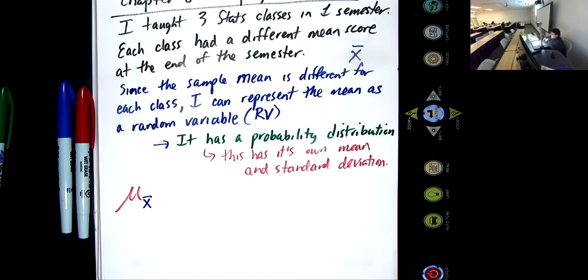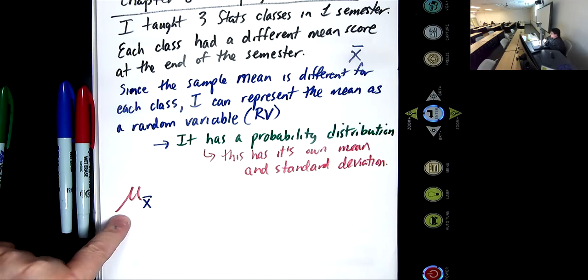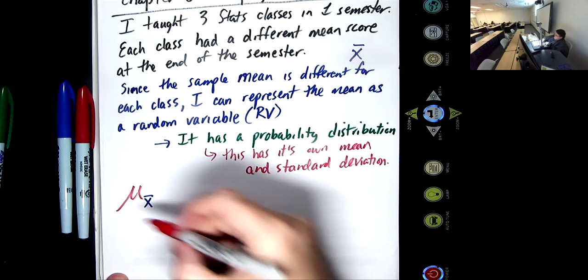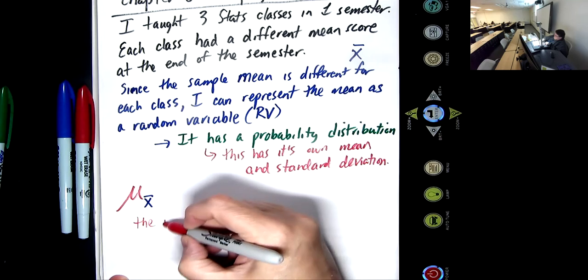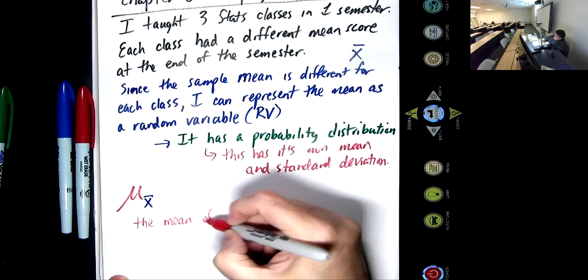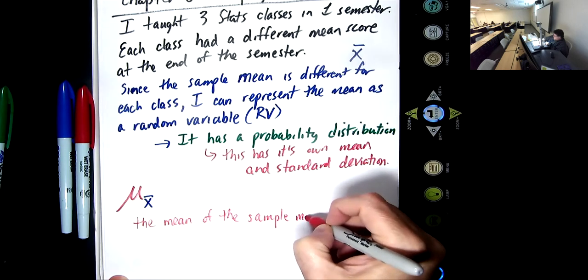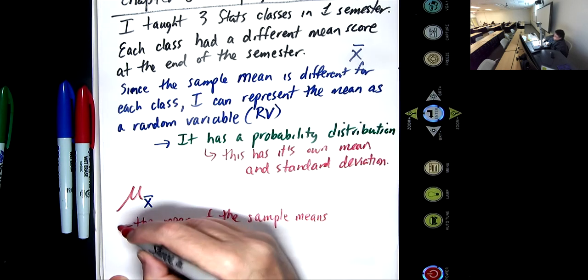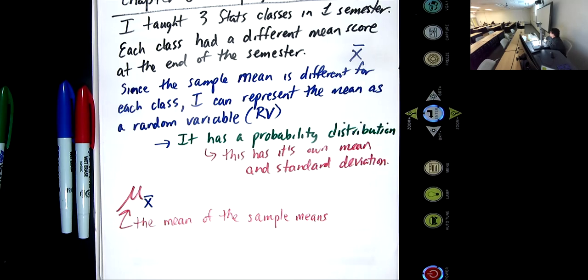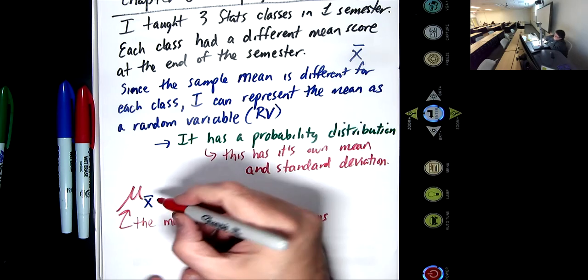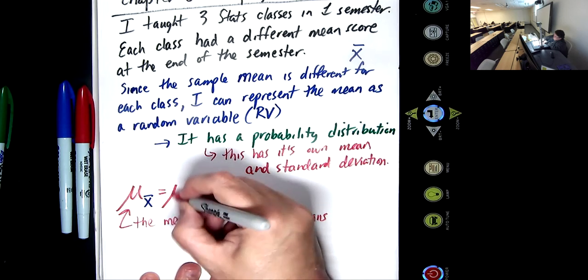So the mean of the sample means, like if I found the mean score for every stats class I've ever taught, that would be my population. This is actually mu of population.